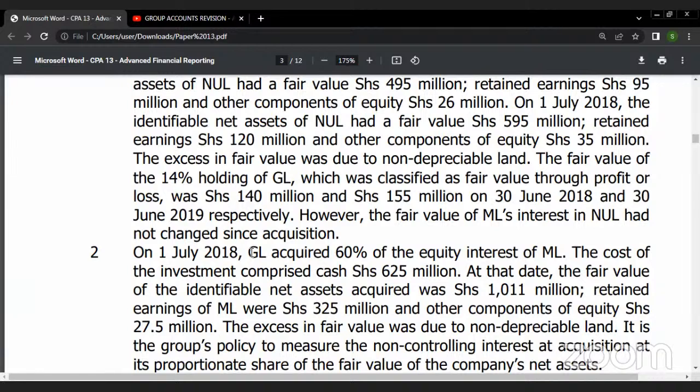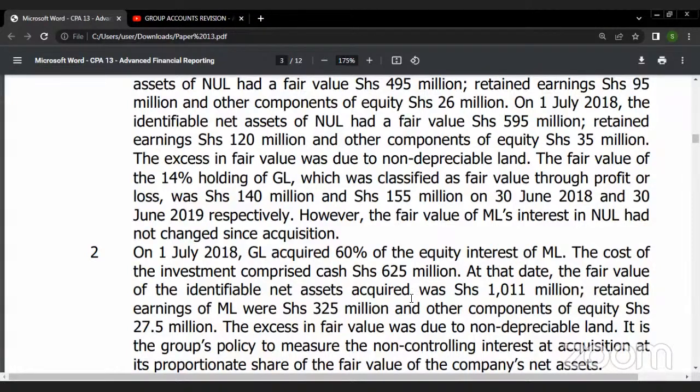But remember, GL acquires ML when ML already has NUL as its subsidiary. Now, ML is a subsidiary of GL, then NUL is a subsidiary of GL.